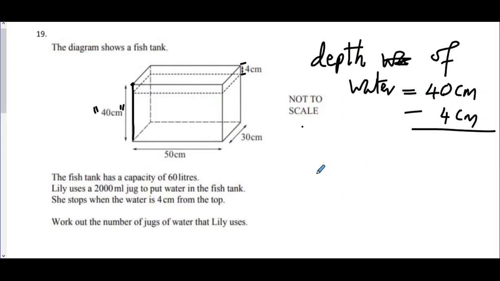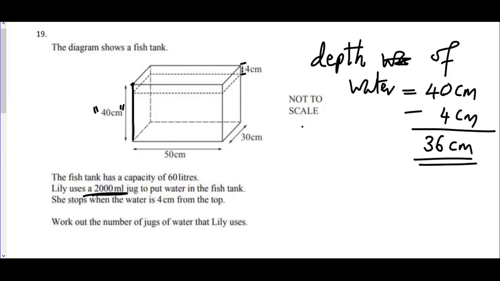That is the depth of water that Lily has poured into the fish tank, and this becomes 36 centimeters. So that is the depth of the water after Lily has put water into it using a 2000 milliliter jug.